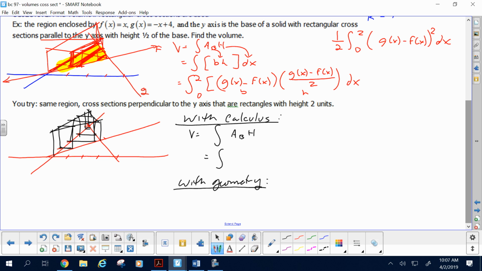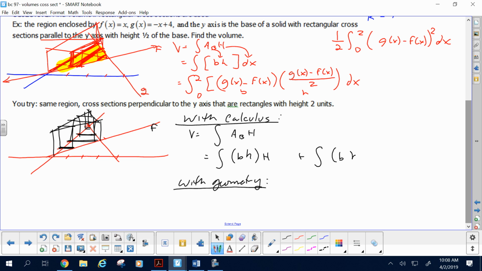Okay, if you look at these rectangles, bases times heights, the base here is right minus left, f minus 0. But up here, it's not f minus 0, it's g minus 0. So if you're doing this with calculus, you'll actually have to do it with two integrals.